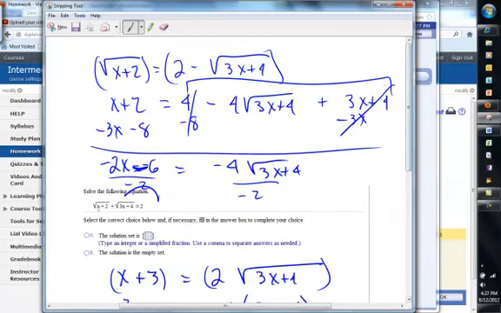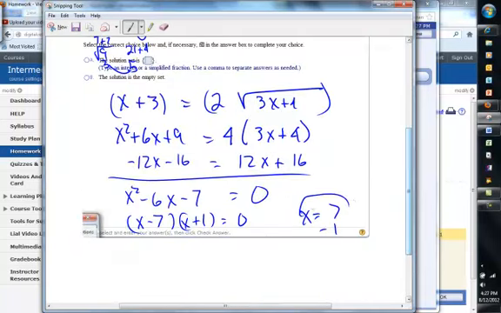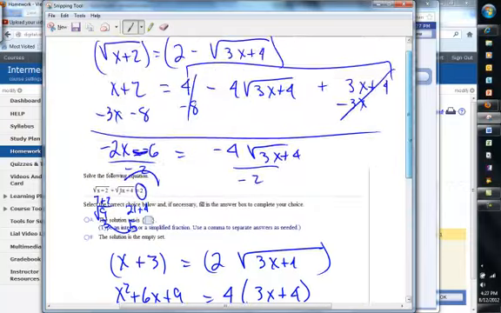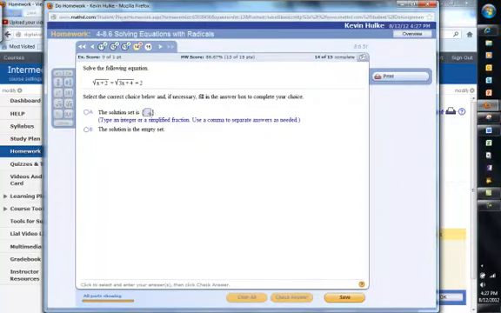Now when we substitute in 7, 7 plus 2 is 9. Square root of 9 is 3. 3 times 7 is 21, plus 4 is 25. Square root of 25 is 5. 3 and 5 is not 2, so 7 does not work. So the only one that works is negative 1.